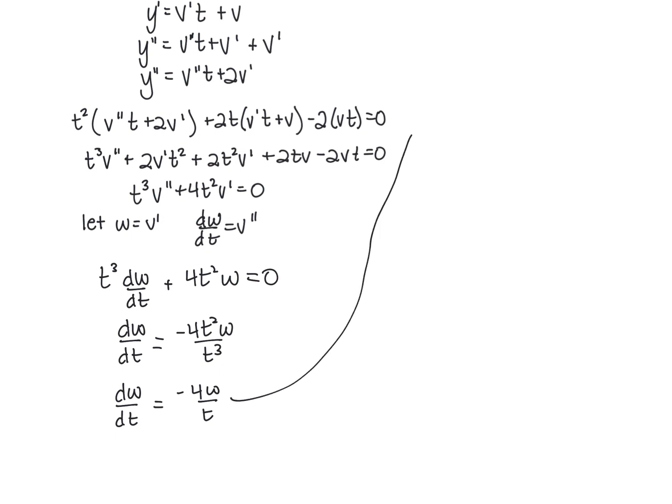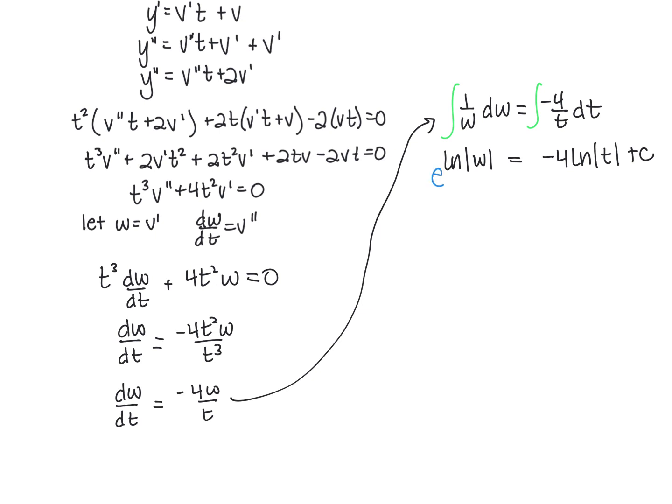I get 1 over W dW equals negative 4 over t dt. We good? Okay, so we're going to integrate now. We get the natural log of the absolute value of W equals negative 4 natural log of the absolute value of t plus c.